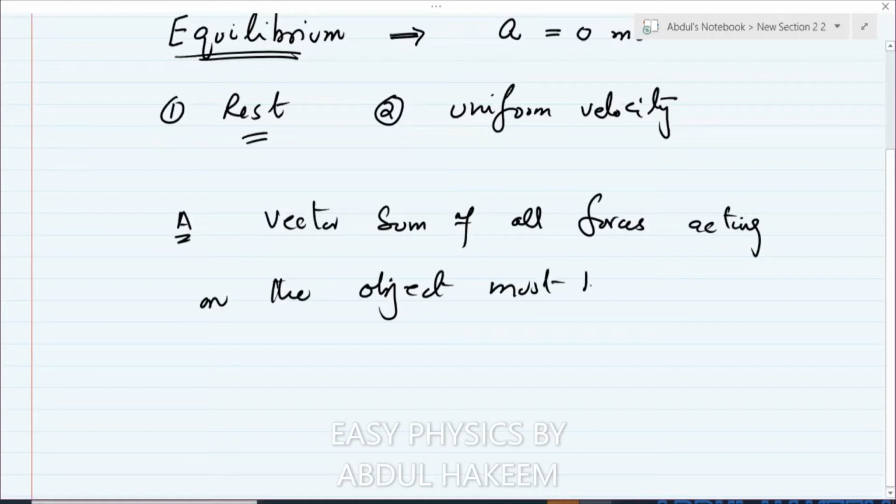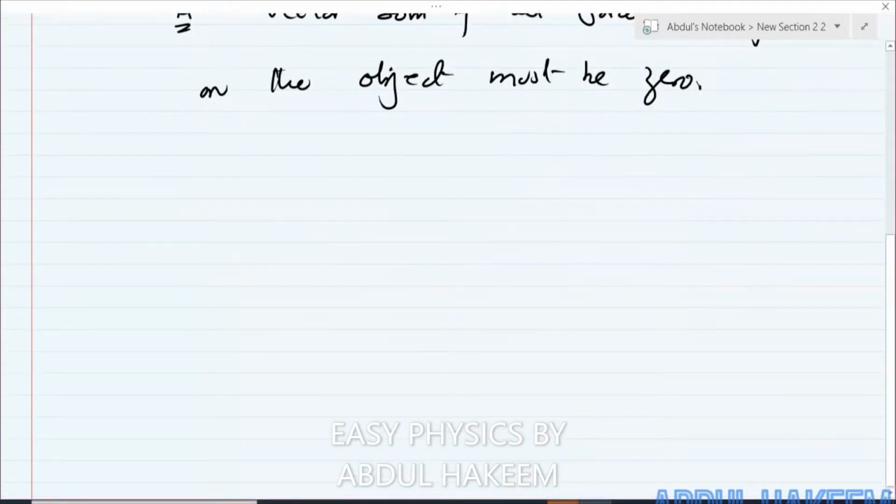must be zero. If the vectors are added by the head-to-tail rule, then their vector sum must be zero. For example, this is the pendulum. It is displaced from this position.